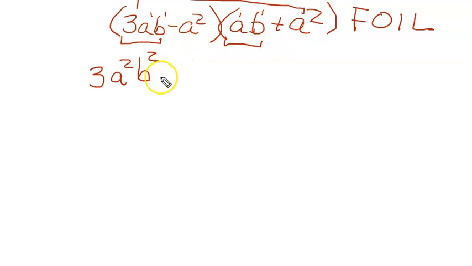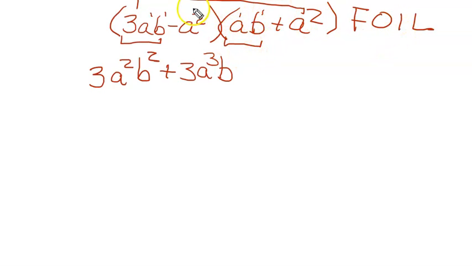So we're going to get a positive 3a to the third b. So checking it, a times 1, or 3 times 1 is 3, a to the first, a to the second, a to the third, b.